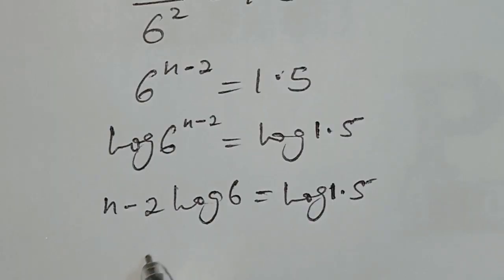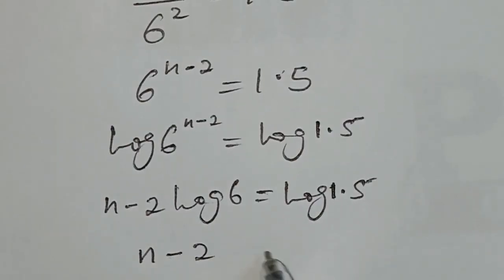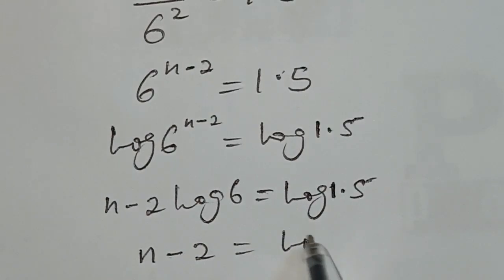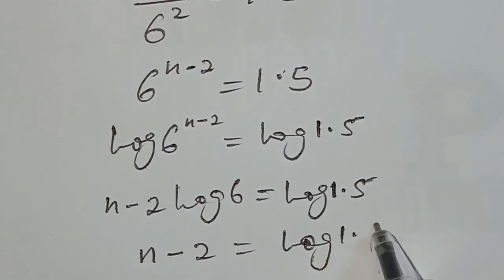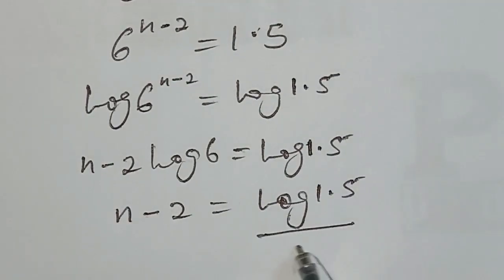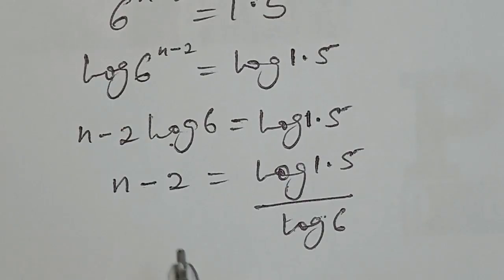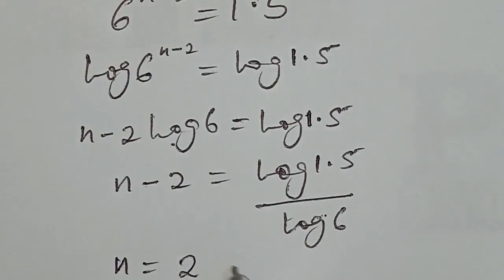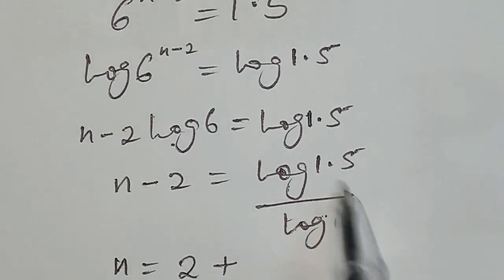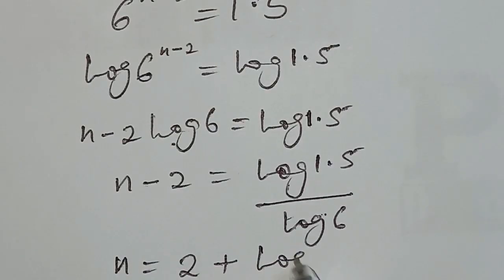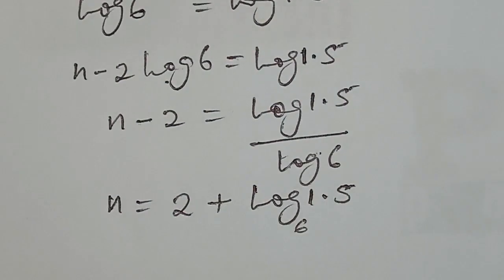Now this becomes n minus 2 equal to log 1.5 over log 6 if we divide both sides by log 6. So we have this. If we add 2 to both sides, we now have n equal to 2 plus, putting this in base 6, log 1.5 to the base of 6.